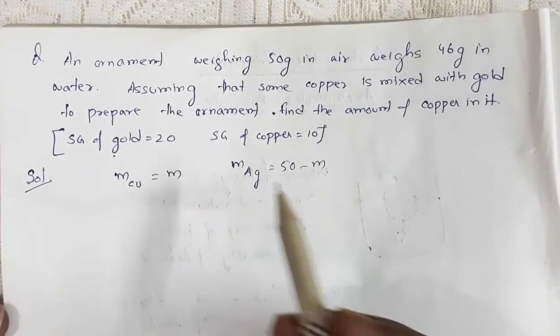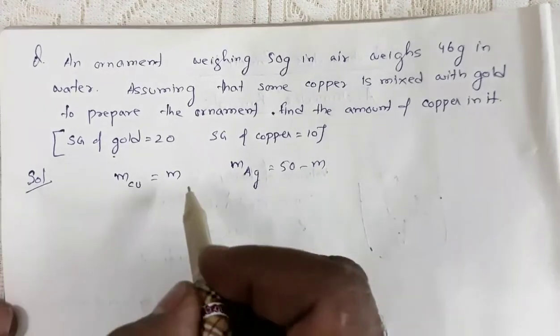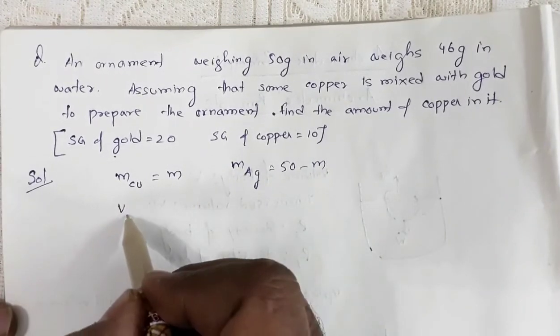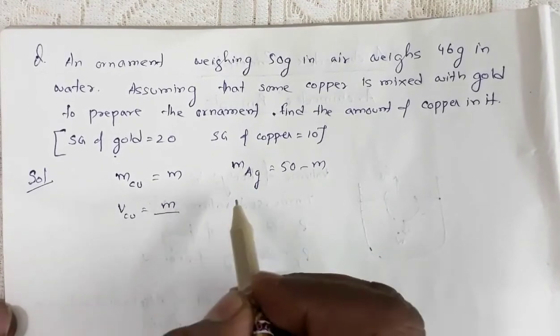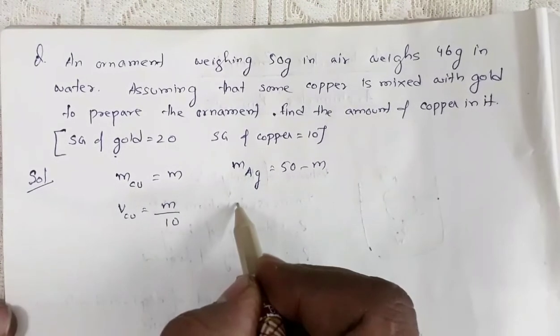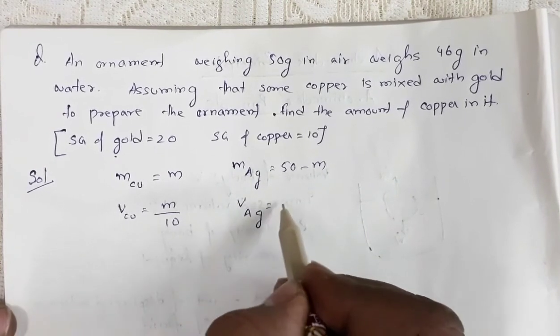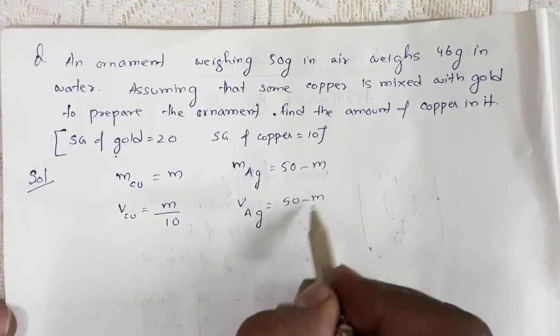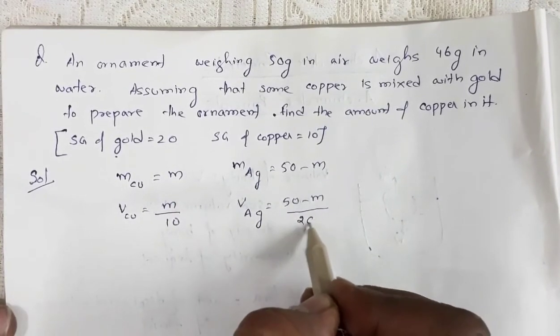In the CGS system, specific gravity is numerically equal to density. So the volume of copper will be mass by density, so m by 10. Similarly, the volume of gold will be 50 minus m divided by 20.